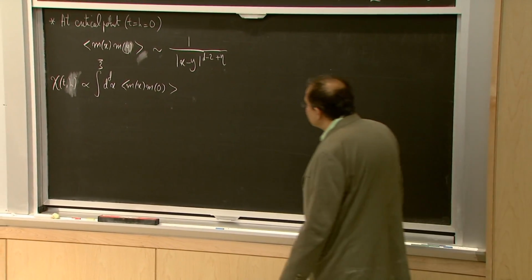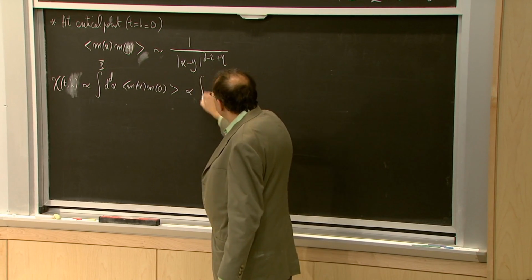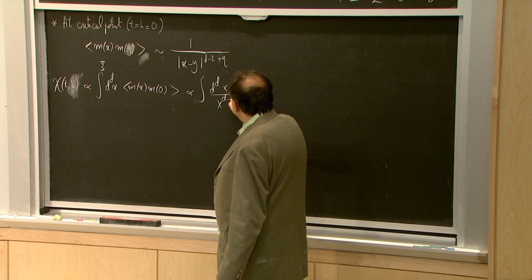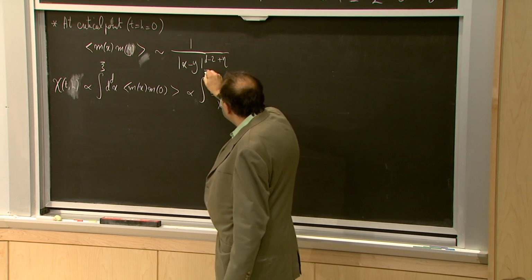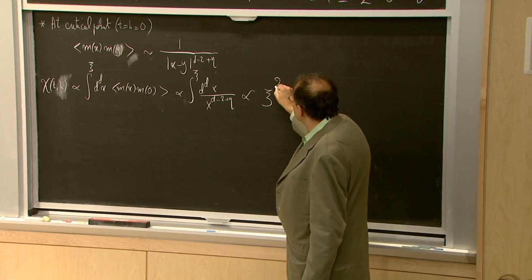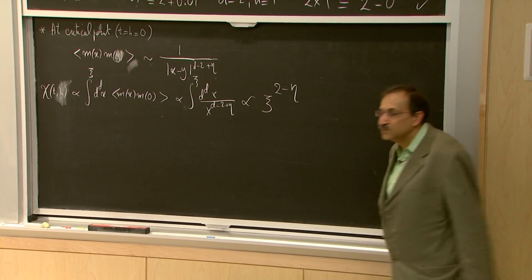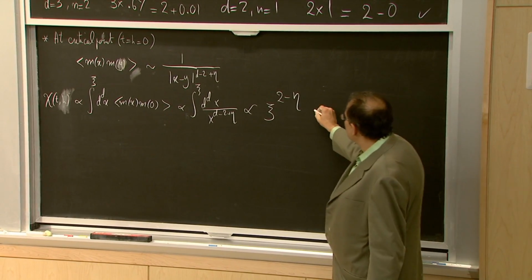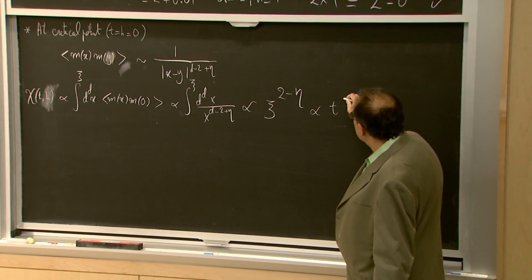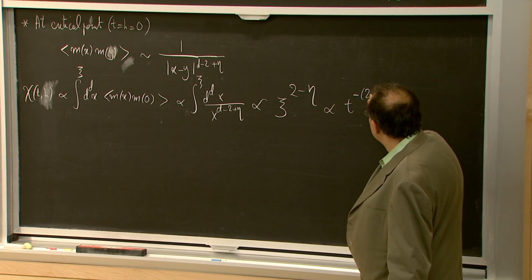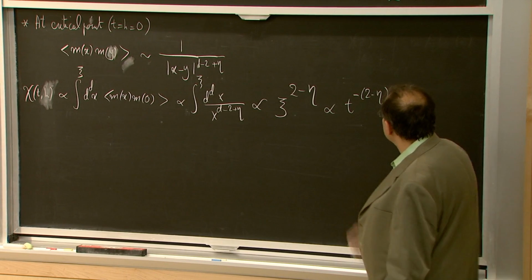So once I do that, I have to integrate dx over x to the d minus 2 plus eta up to the correlation length. The answer will be proportional to the correlation length to the power of 2 minus eta. And since the correlation length goes like t to the minus nu, this will be proportional to t to the power of minus (2 minus eta) times nu.